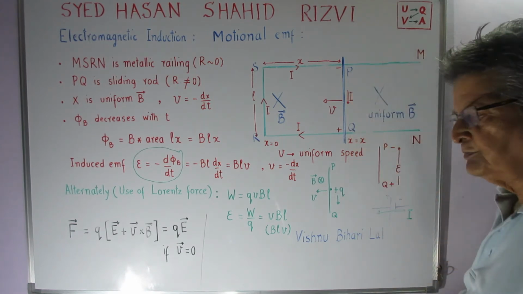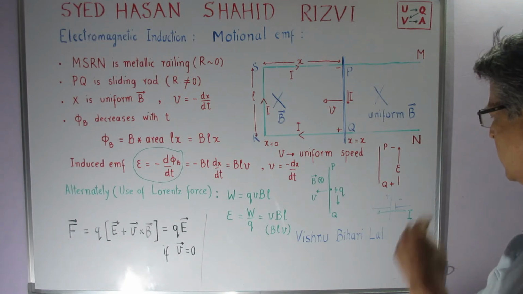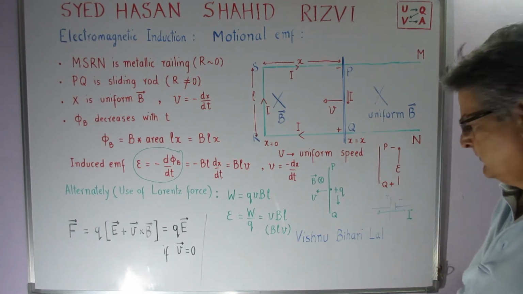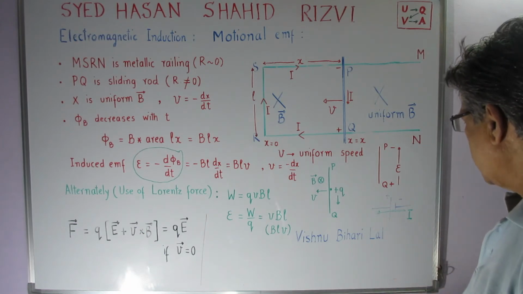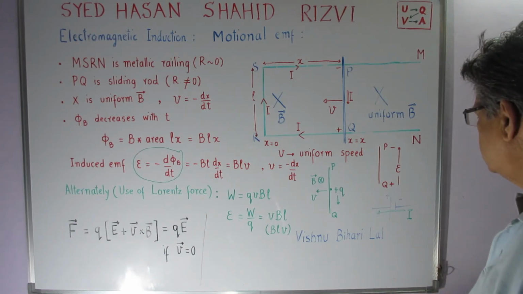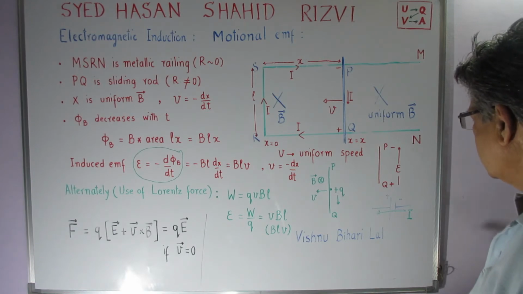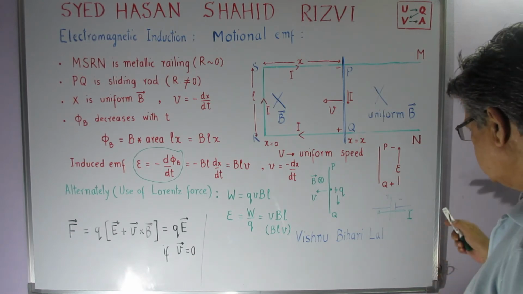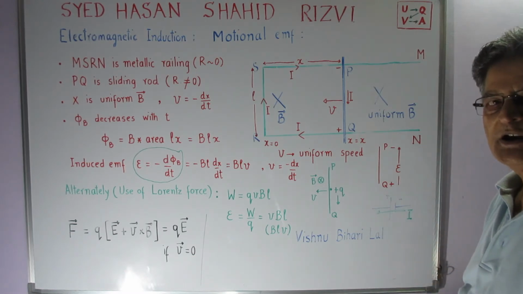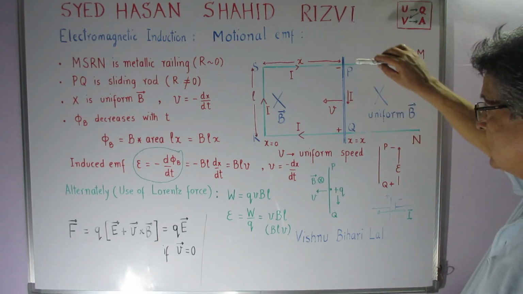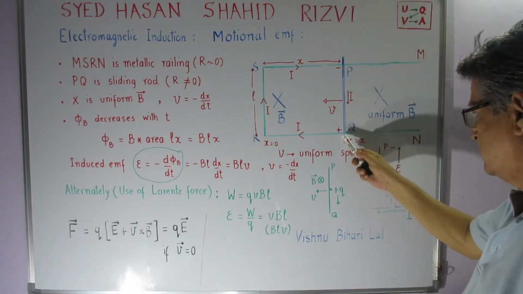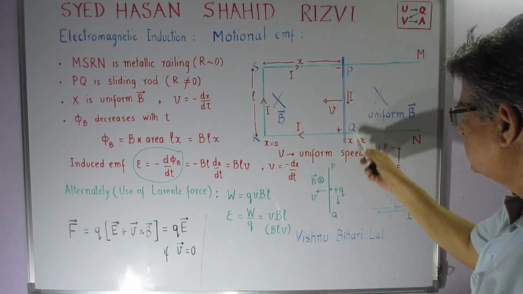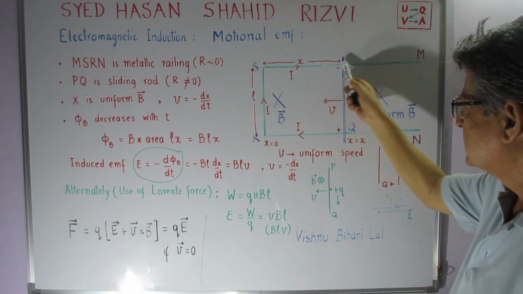This PQ serves as the two ends of a source of EMF, which I have shown here. So what happens is that the current gets out of the positive and gets into the negative as a natural flow. And here, inside PQ, it flows from P to Q like this.